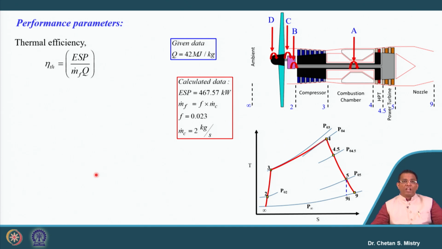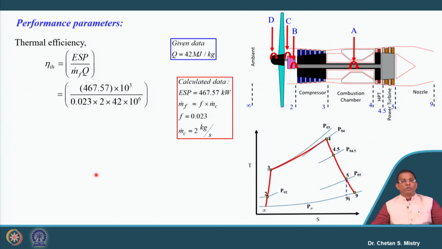What we get as output is equivalent shaft power, and our input is m dot f into Q. It's a little crude way of doing the calculation. In open literature, people sometimes use this for the calculation of thermal efficiency. So let's use that formula only.